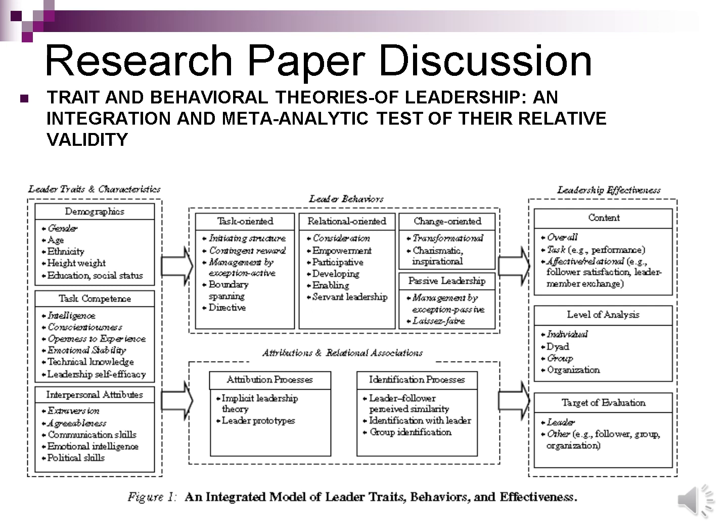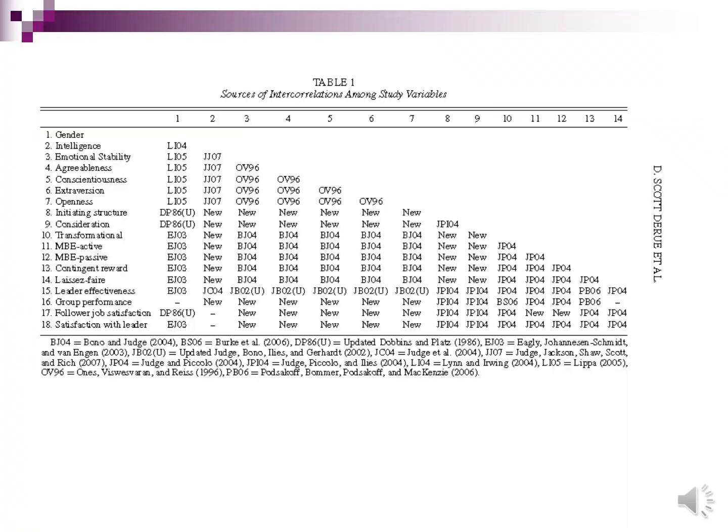This is a kind of new model in which the relation is an association, an attribution process, and an identification process, and effectiveness has been measured in three ways: the contents, the level of analysis, and the targeted evaluation.